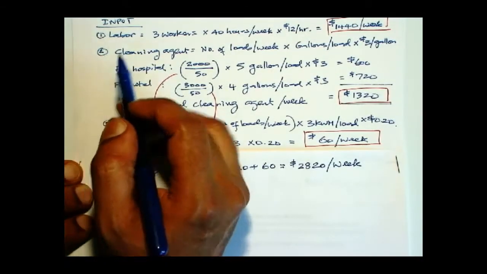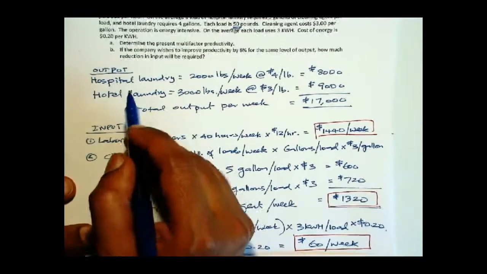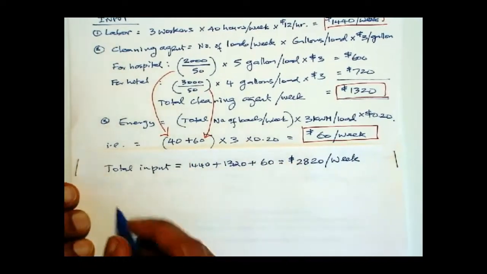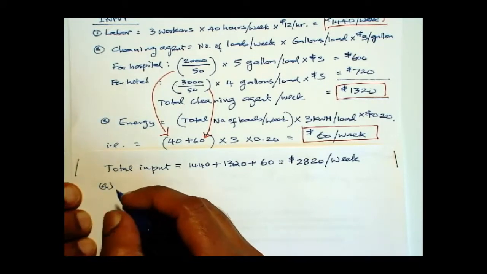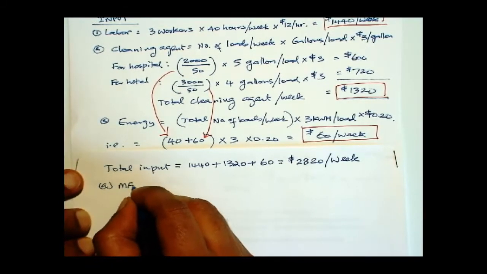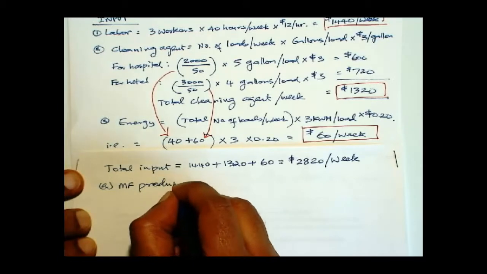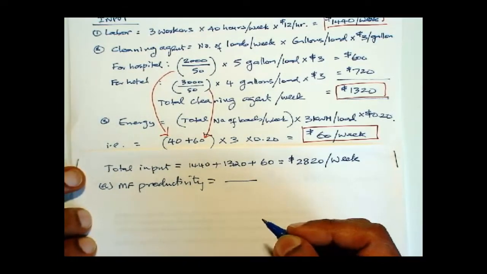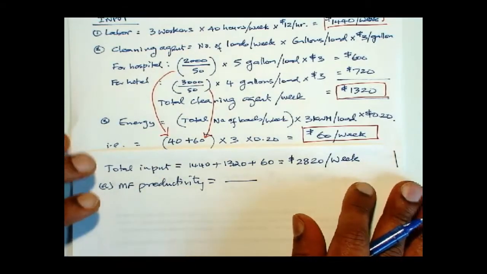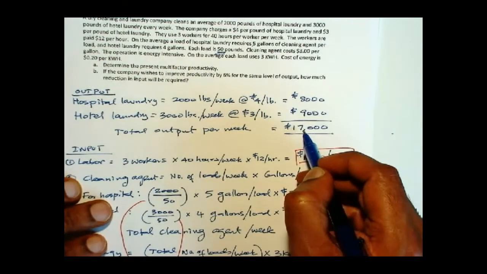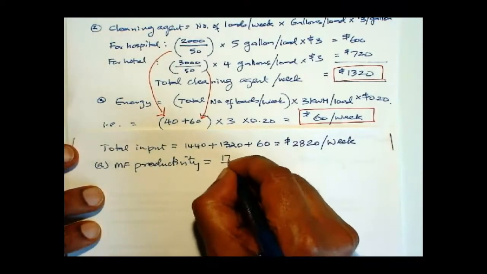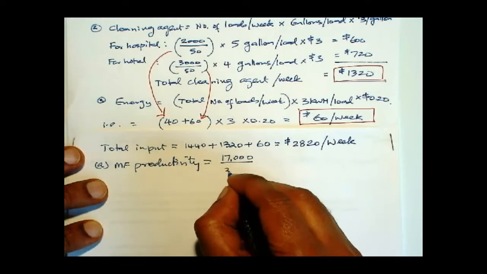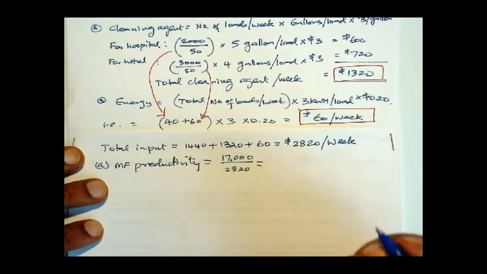And now we can answer the first question. Determine the present multi-factor productivity. So multi-factor productivity is the total output, which is $17,000, divided by the total input, which is 2820.